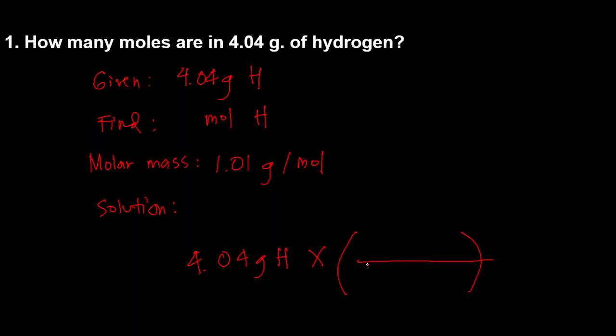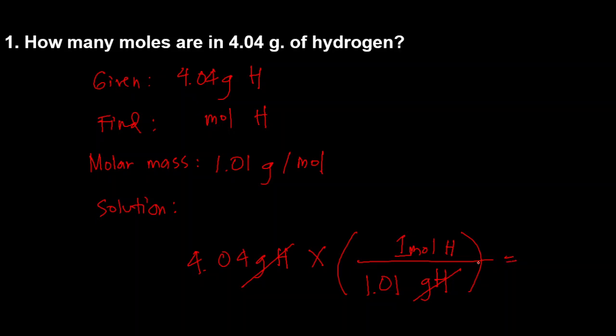In this case, let's use the molar mass to convert this one. We need to cancel gram, so we put grams under here so we can cancel it later. Then of course, we need to convert this one to moles of hydrogen. Now we can use this molar mass. So 1 mole is equal to, just copy this number here, 1.01 grams.